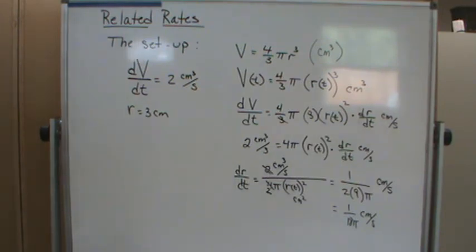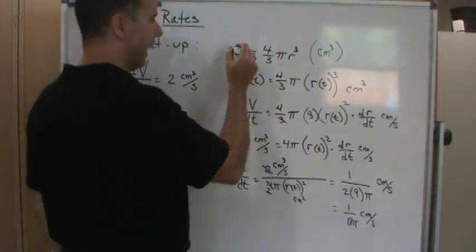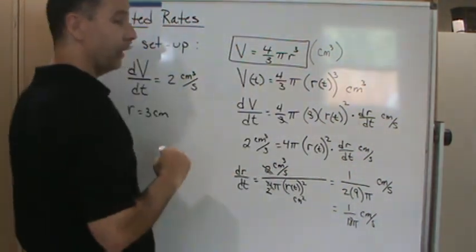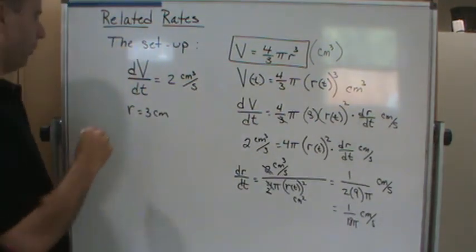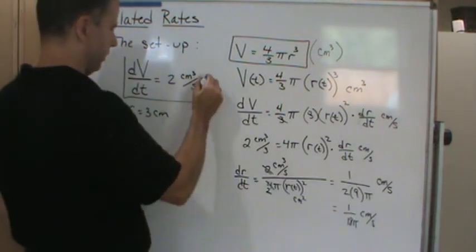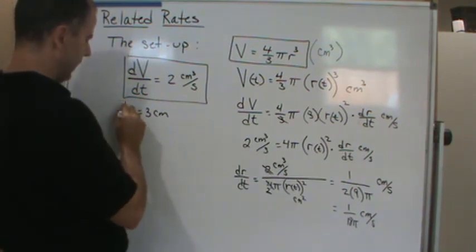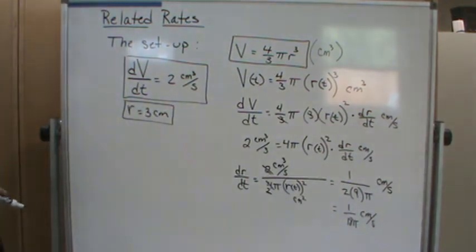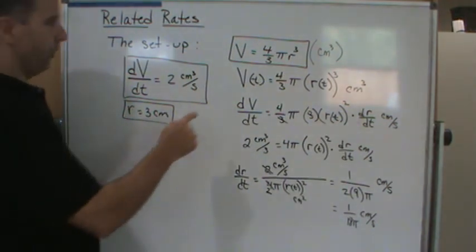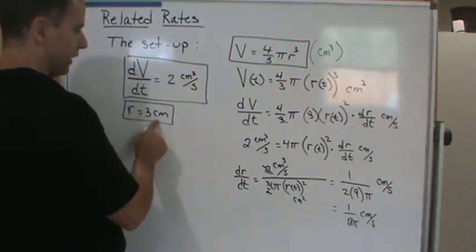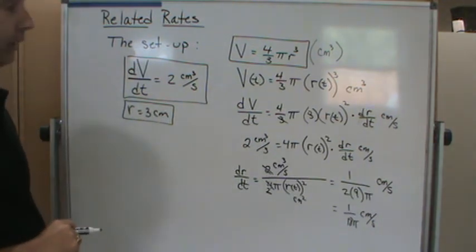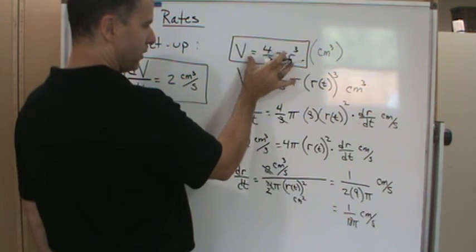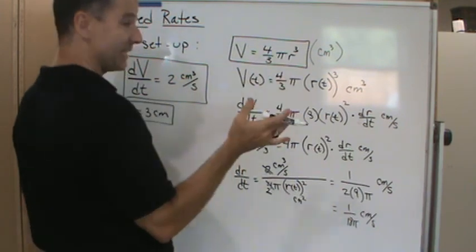So what were the key things? We had to have a formula that related the two variables that we're interested in. We were given information about one rate, and we were given information about one of the other variables. So this information was important to know in order to solve the problem. We have to have a formula because that's what we're going to take the derivative of with respect to time.